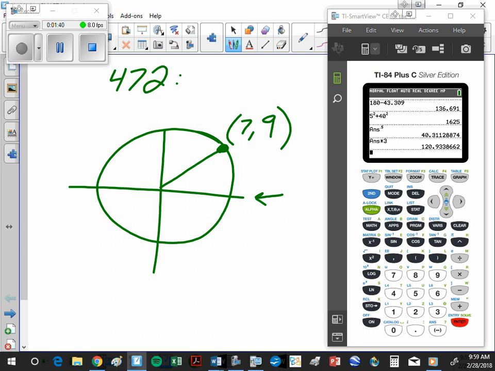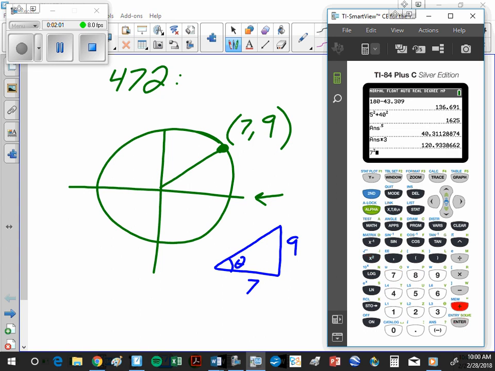Okay, so I basically end up with a right triangle, and in that right triangle, what do I know about it? This is theta, the bottom is 7, and the side is 9, and so I need to find h.